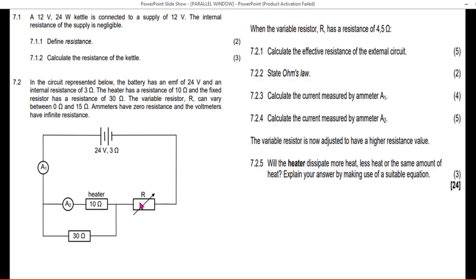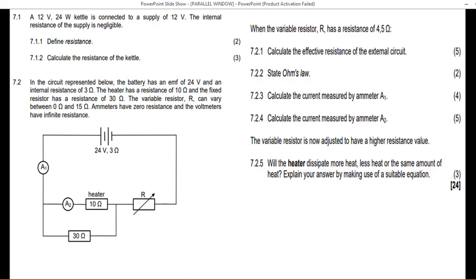The higher the resistance, the lower the current. So we are going to have a lower current. It means this 10 ohm and 30 ohm now have a lower current to share. And that means that this side is going to receive a lower current. And in the same way, the power will also be less.